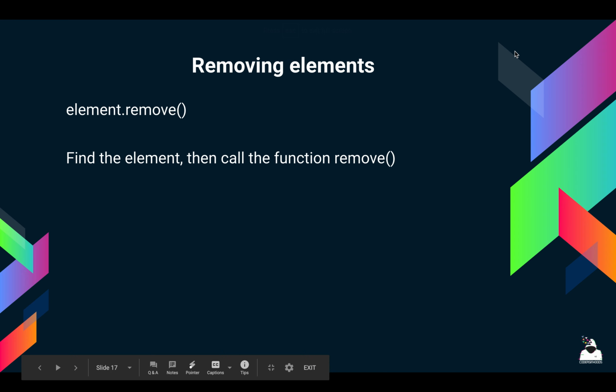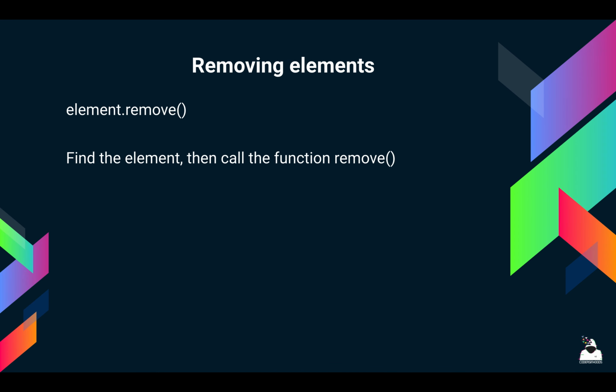So last time, in your project, you learnt about CRUD actions: create, read, update, and destroy. We've so far done create, read, and update for page elements, for document objects. Lastly, we want to do the delete section, and we want to remove elements. Luckily, it's pretty straightforward.